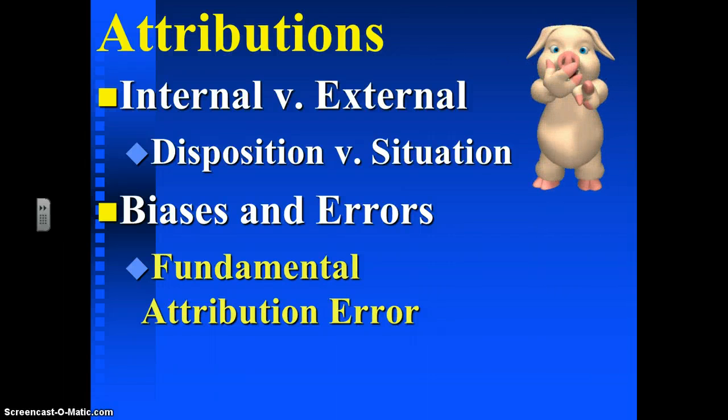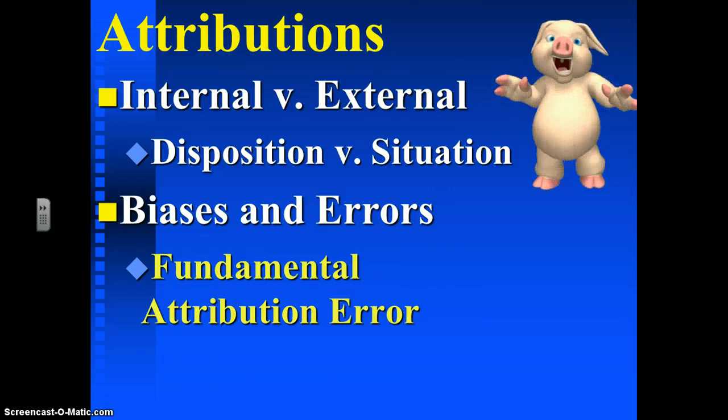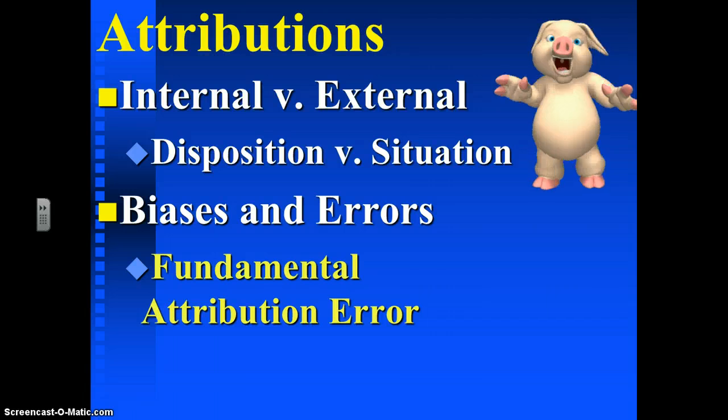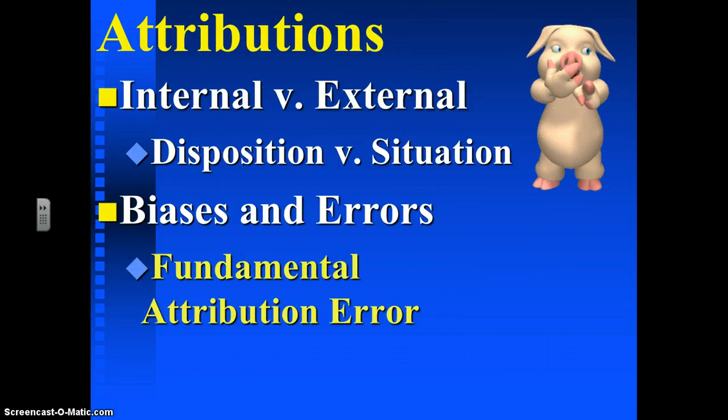It's the tendency to focus on a person's internal personality traits, in other words, on their disposition, and ignore the situational influences. So, fundamental attribution error is the idea that we're trying to explain somebody else's behavior, and when we do that, we very often will focus on their internal or dispositional traits, and we tend to ignore the situation.